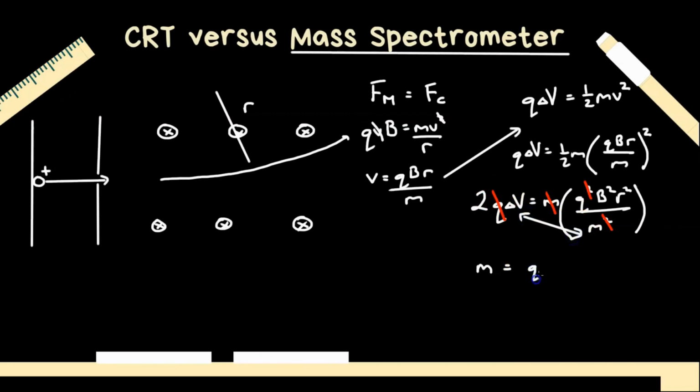We get m equals Q, B squared, R squared, all divided by 2 delta V. That's the equation for a mass spectrometer, slightly different from the one we used in the cathode ray tube. It can be used to find the mass of any charged particle. And for a proton, we get the mass as 1.67 times 10 to the minus 27 kilograms.